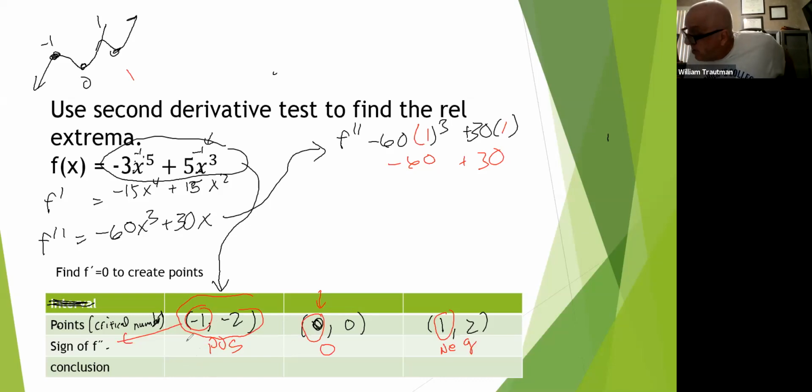If you plug that point into the second derivative and you get a positive answer, you're at a relative minimum. If it's negative, you get a relative maximum.